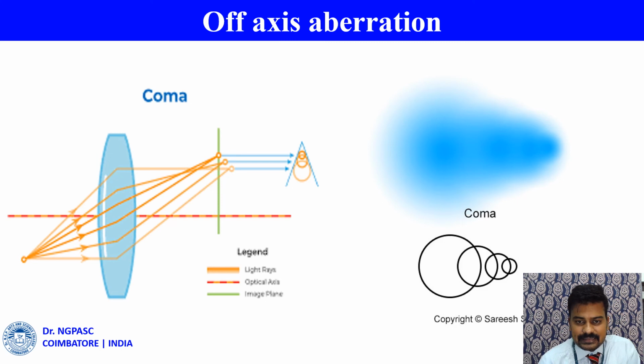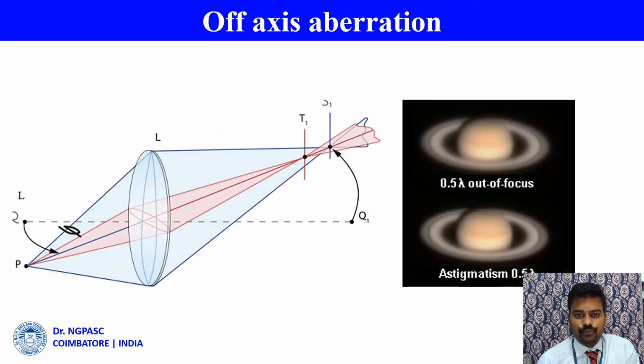So the size will slowly increase, and the blurriness will also increase. Examples of comets: the images appear like this, like a comet's tail. This is called coma aberration, also called comatic aberration.